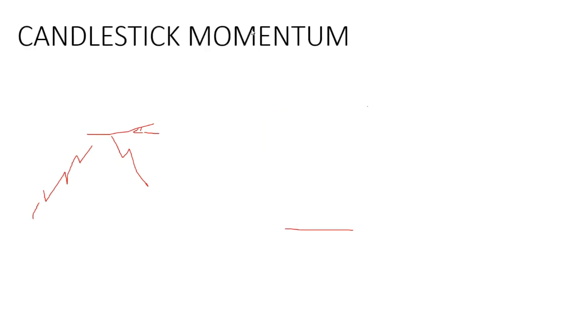Okay, now let's take a look at candlestick momentum. What does this mean? I kept on speaking of candlestick momentum, and I hope I never confused you guys. Let's say for instance we've got a candlestick here, and we've got another one.